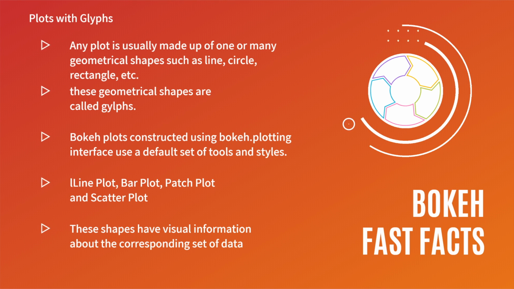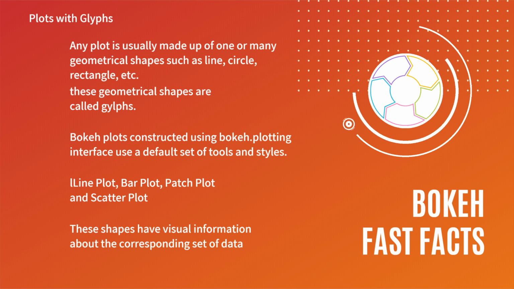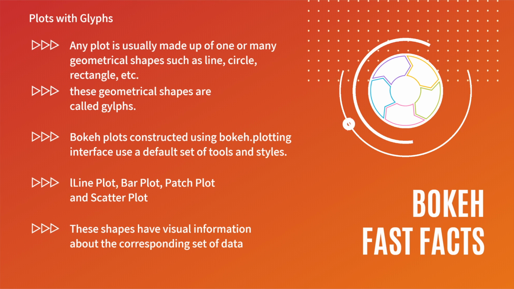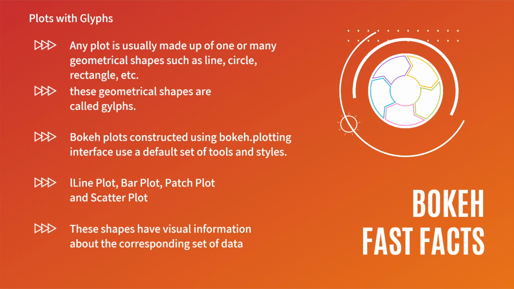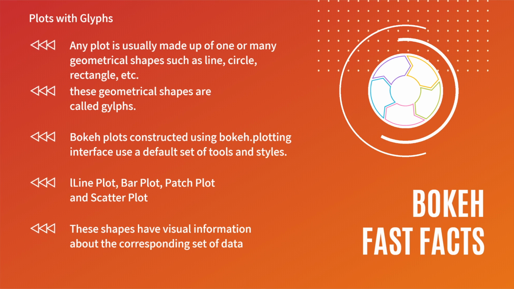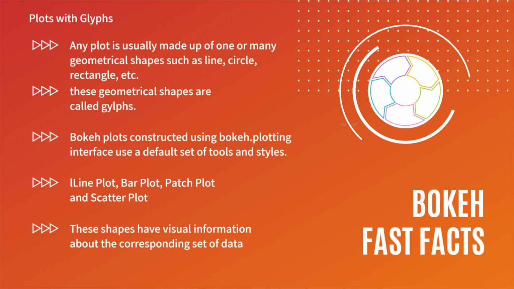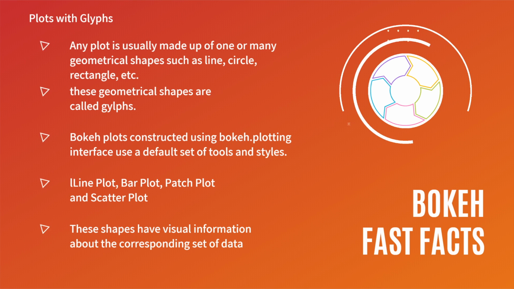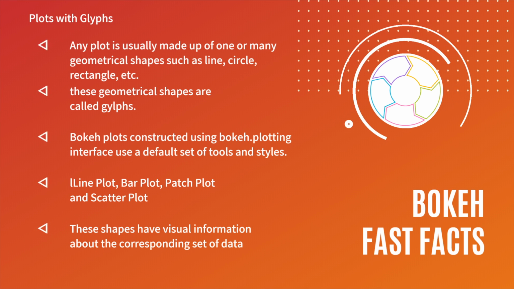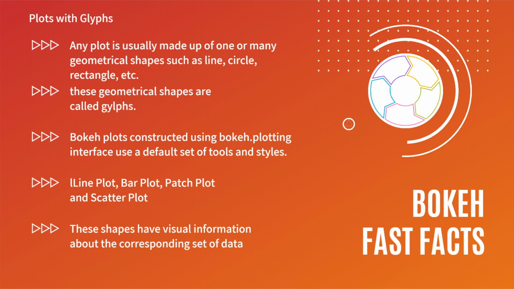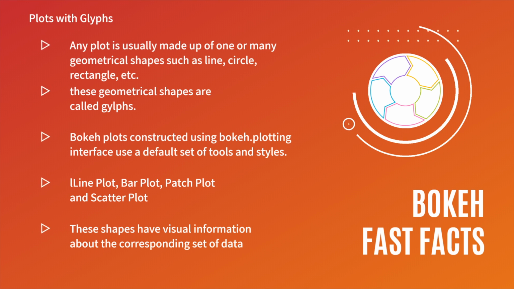Now, there are certain facts that you need to understand about Bokeh. There's a terminology which we know as glyphs in Bokeh. So we call them plots with glyphs. Any plot, whatever plot you make, consists of different types of shapes, which might be line, circle, rectangle, square, ellipse, oval. These geometric shapes in Bokeh are referred to as glyphs.